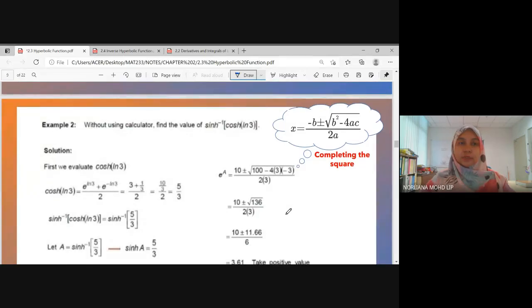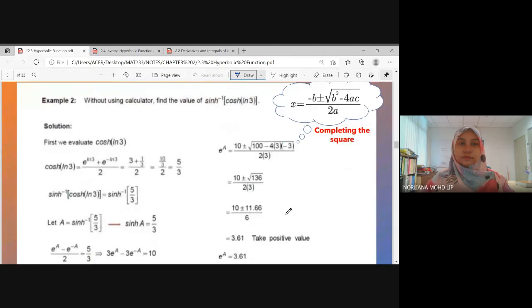Okay, look at example 2. Without using a calculator, find the value of the inverse of hyperbolic sine for hyperbolic cos ln 3.